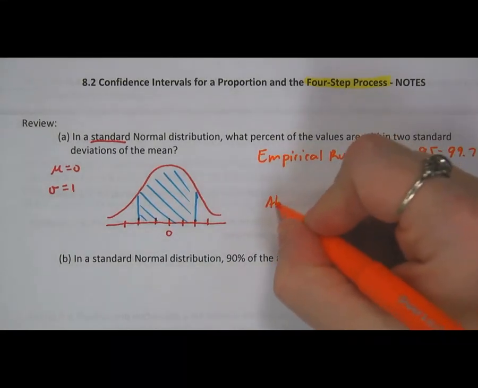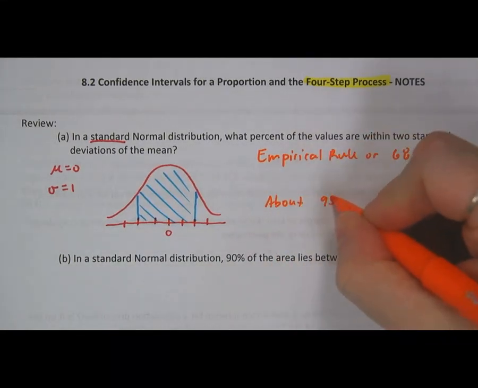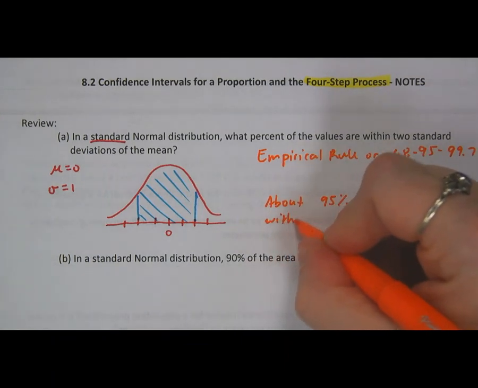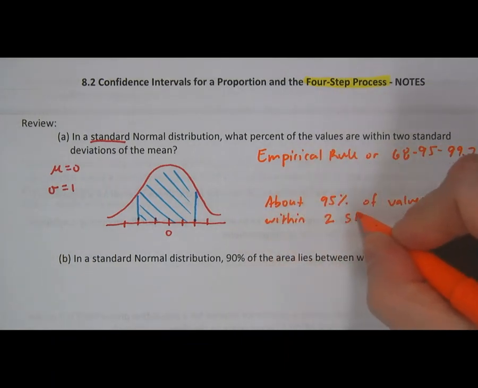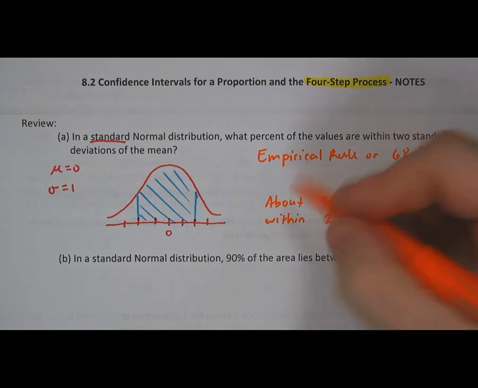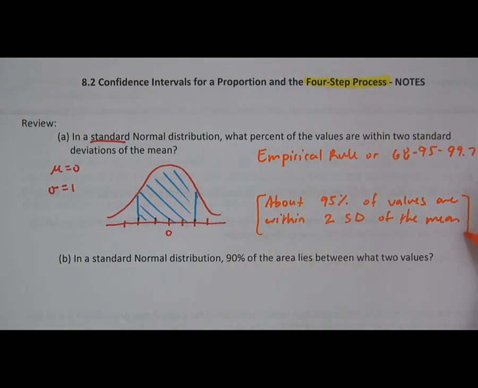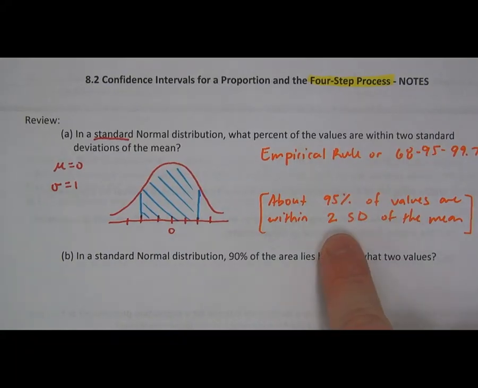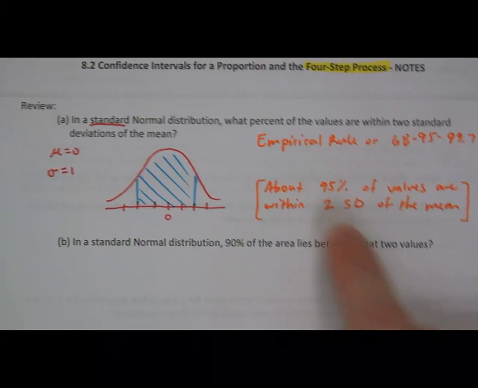So about 95% of values are within 2 standard deviations of the mean. About 2. Today we're going to learn how to be a little bit more precise with that.